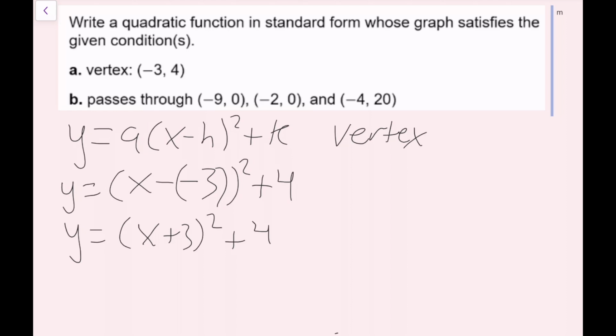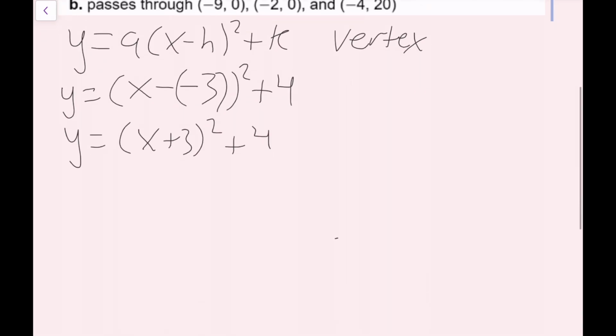All right? The last thing I have to do is write this function in standard form. And the reason is because the instruction said that. So since I'm squaring this binomial, I know that the pattern is a squared plus 2ab plus b squared.